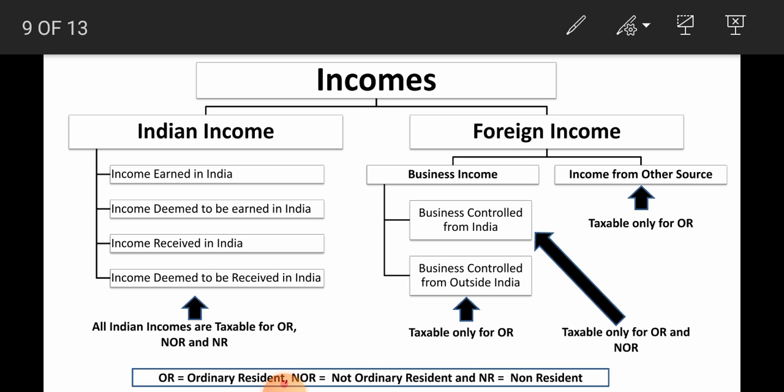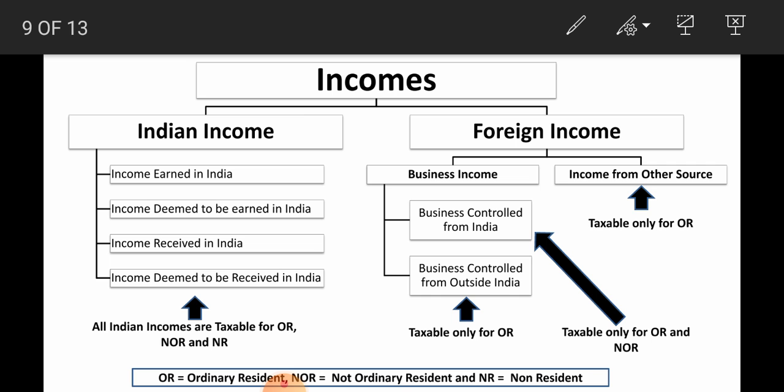Like the first income received in India, then brought to foreign country. Then the first place of its receipt is in India. Then it is brought to abroad. So remittance does not matter. The place of receipt on first occasion matters. Clear?